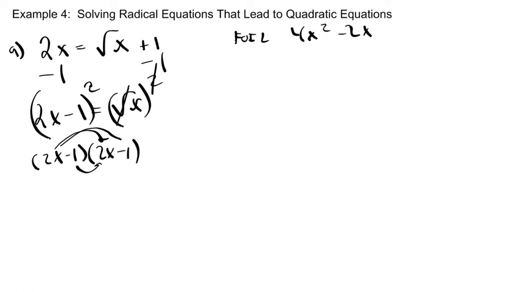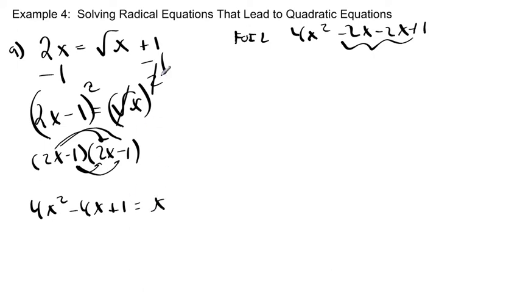Negative 1 times 2x is a negative 2x. And a negative 1 times negative 1 is a positive 1. So if you combine those together, this left side becomes 4x squared minus 4x plus 1. And that equals just x, because the radical and the square cancel each other out.